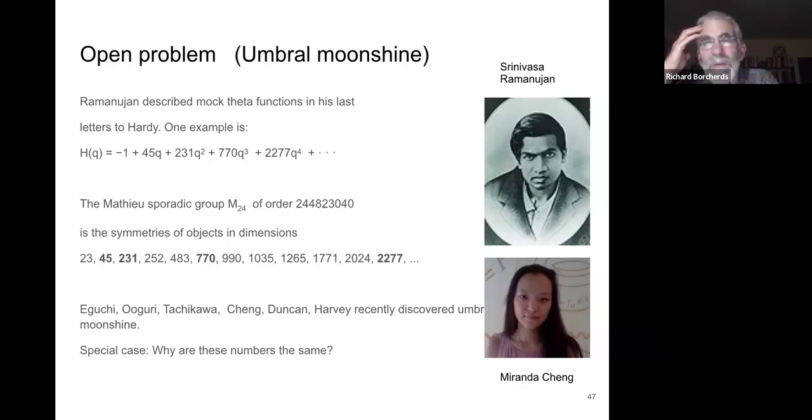But as far as I know, no one's yet come up with any really convincing explanation for why these things are related. So this seems to be an open problem to understand why the Mathieu group should be related to mock theta functions.